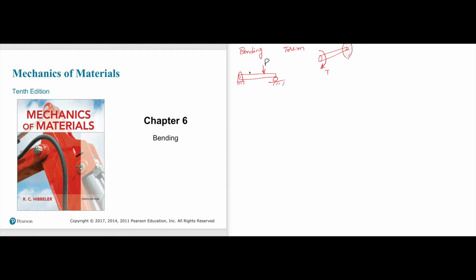So let me draw slightly bigger. You apply load P. Tell me what happens. As we keep increasing the load P, what happens to the beam AB?